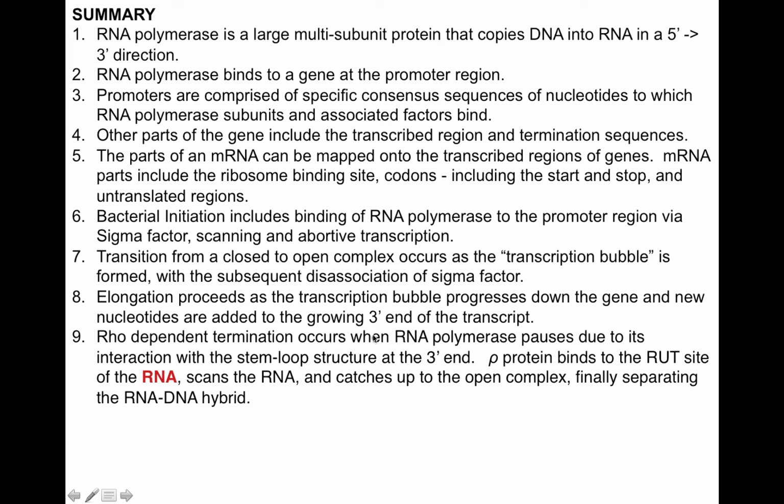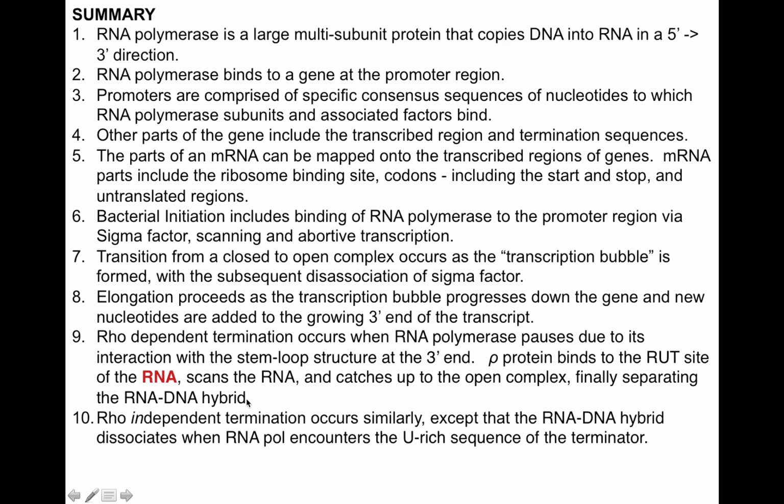Rho-dependent termination occurs when RNA polymerase pauses due to its interaction with the stem loop structure at the 3' end. The Rho protein binds to the RUT site of the RNA, scans the RNA, catches up to the open complex, finally separating the RNA-DNA hybrid at the transcription bubble.